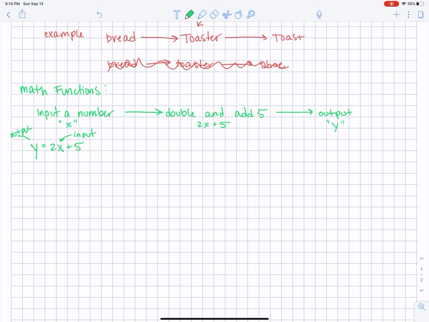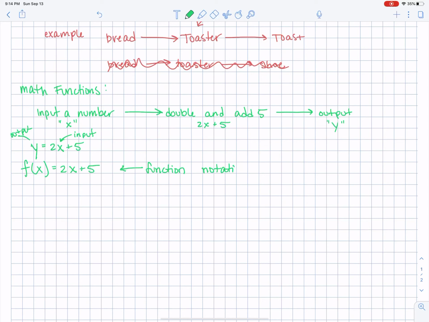And this is where section 3.3 comes in, because now we have this thing called function notation. Function notation says f of x. We write it in this funky little way: f, parentheses, x, close parentheses, is equal to whatever your function is, 2x plus 5.